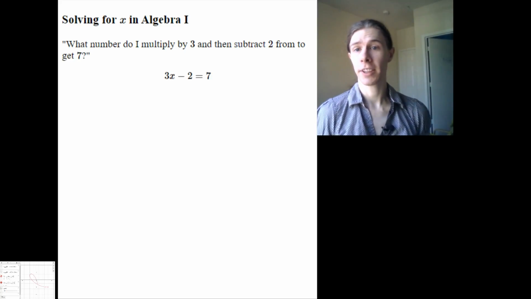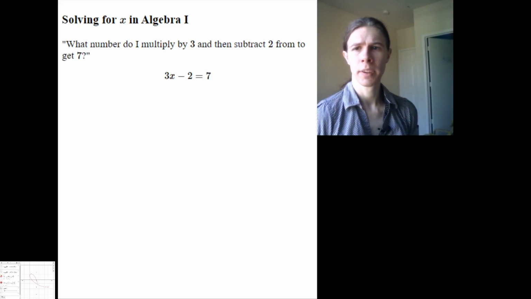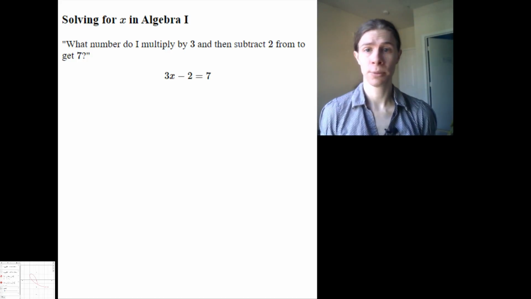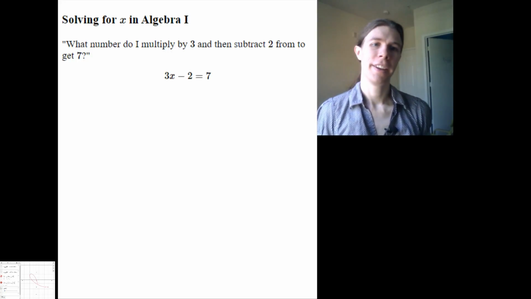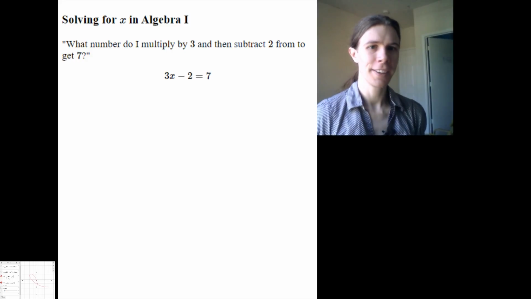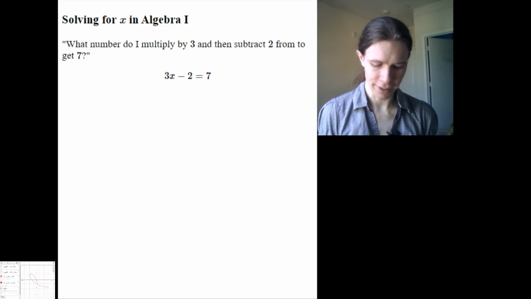Or you could think of it as phrased, I have a number. When I multiply it by 3 and subtract 2 from the result, I get 7. What number did I have? Whenever you solve for this, I'm going to run through it quickly here. Don't worry, we'll hit it slower later.